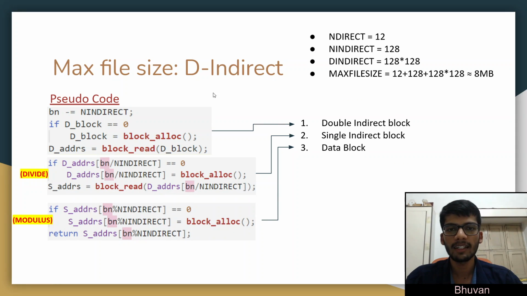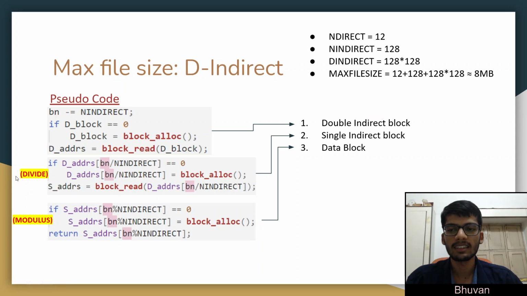This is the implementation for the double indirect block. We will get to the pseudocode line by line. If the double block is not allocated itself, then we allocate a new block. But if it is allocated, then we read from this block and we get the double indirect addresses. First we need to divide bn by NINDIRECT to index into this double indirect block.